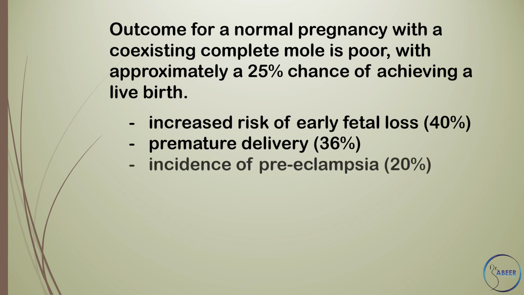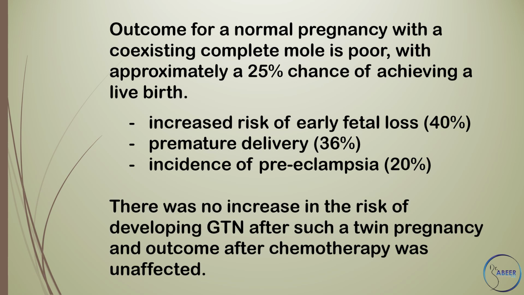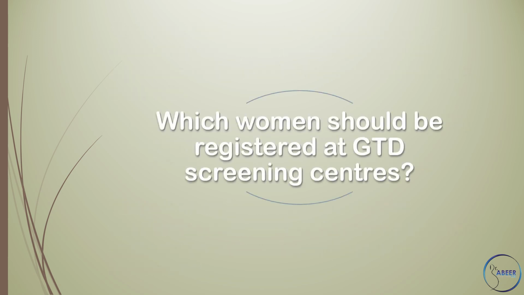The incidence of preeclampsia is variable, with rates as high as 20% reported. There was no increase in the risk of developing gestational trophoblastic neoplasia after such a twin pregnancy, and outcome after chemotherapy was unaffected.